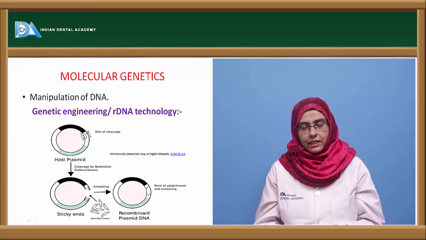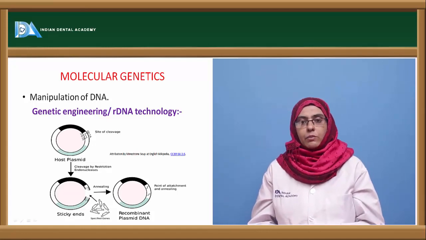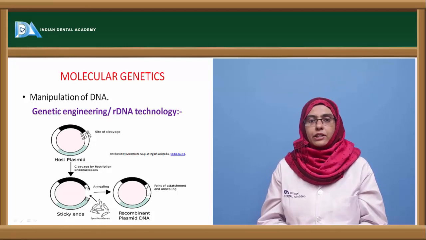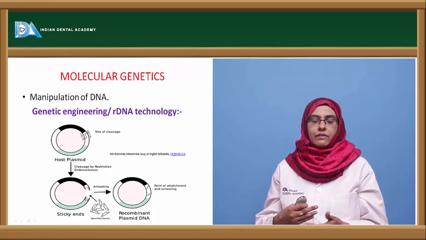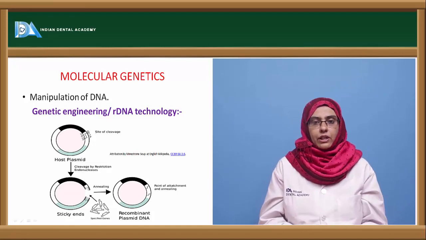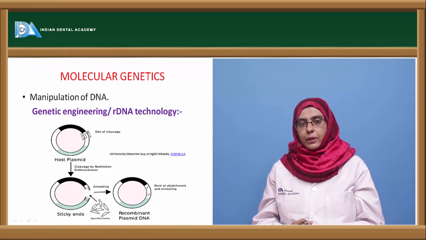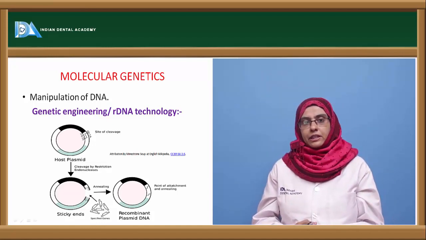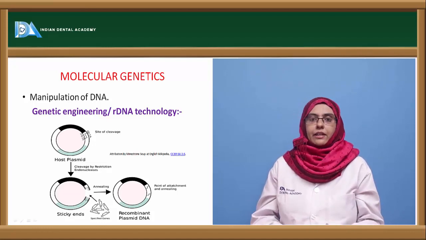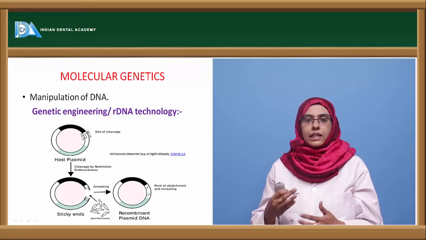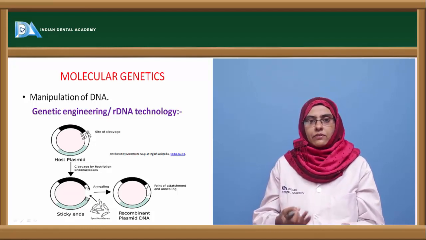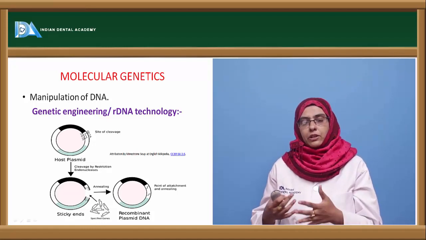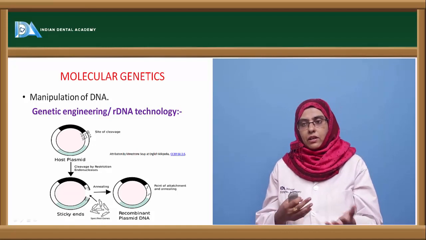Why do we select the bacterial cell? Because the generation time of bacteria is very short, and we can amplify a gene of interest at very high rates compared to the eukaryotic cell. Apart from that, bacteria are very simple in structure, and we can get our product very easily. When the organisms are growing, they release a product into the environment or into the media, so it is easy for us to collect that product.